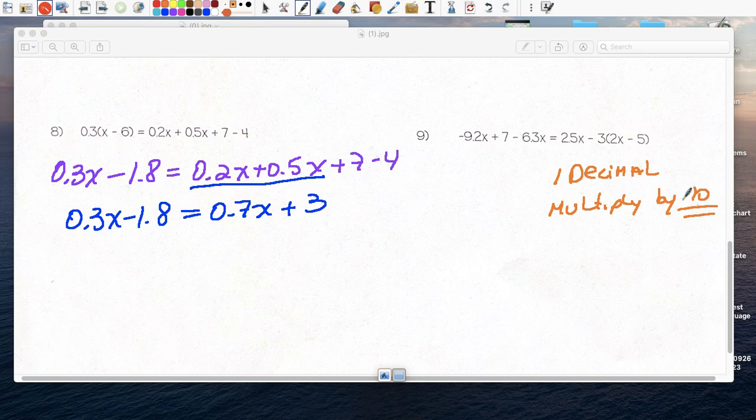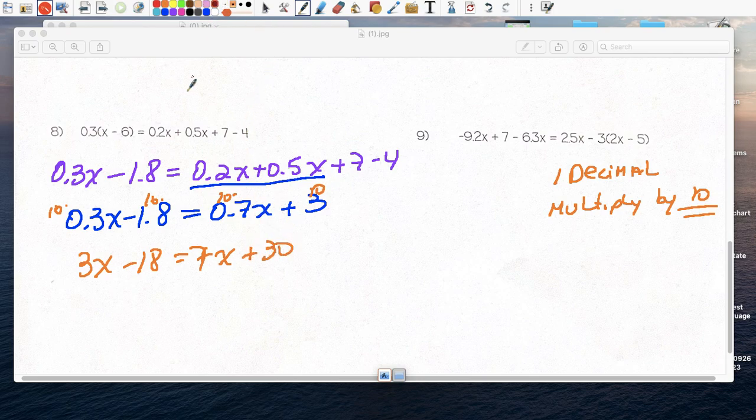Remember that, right? So we're going to multiply everybody times 10, times 10, times 10, times 10. 10 times 0.3 is 3x. 10 times 1.8 is 18. 10 times 0.7 is 7x. And then 10 times 3 is just 30. No more decimals.